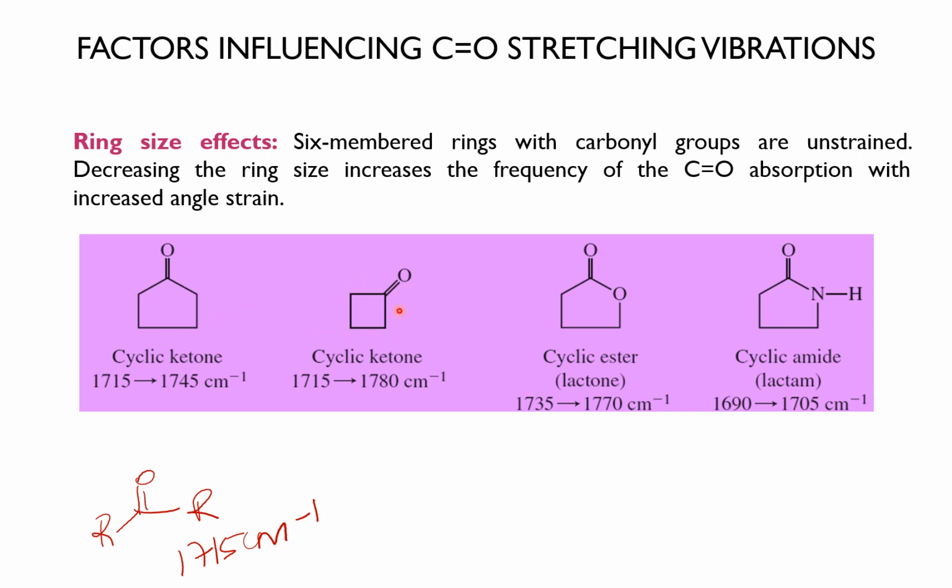In case of cyclobutanone, there is increased angle strain, and as the angle strain increases, the absorption frequency also increases. So cyclobutanone has a higher carbonyl absorption frequency, which is 1780 centimeter inverse, while for cyclopentanone it is 1745 centimeter inverse.